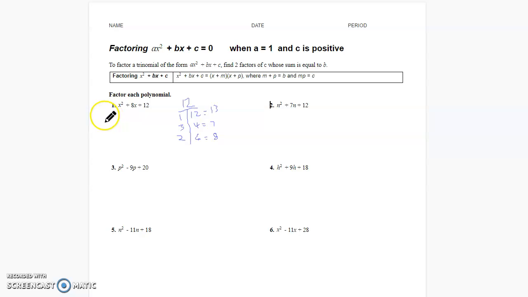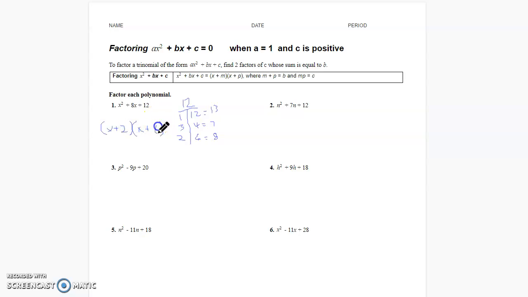Okay, so the answer for number 1 is, well, parentheses x here, parentheses x here. Everything's plus, so it is plus signs in the middle. Plus and plus. And we're going to use the factors 2 and 6 because 2 times 6 is 12 and 2 plus 6 is 8.